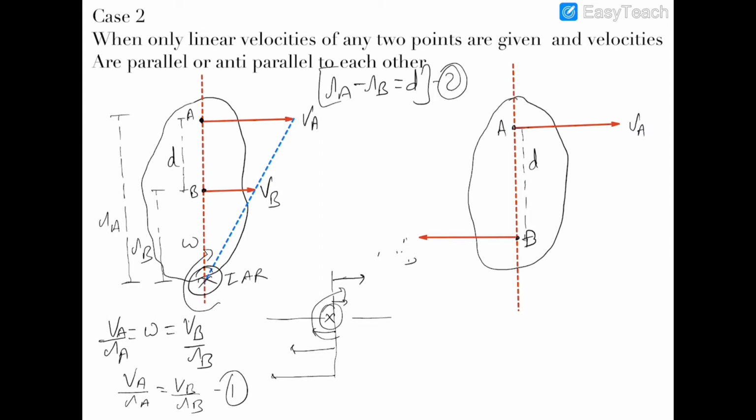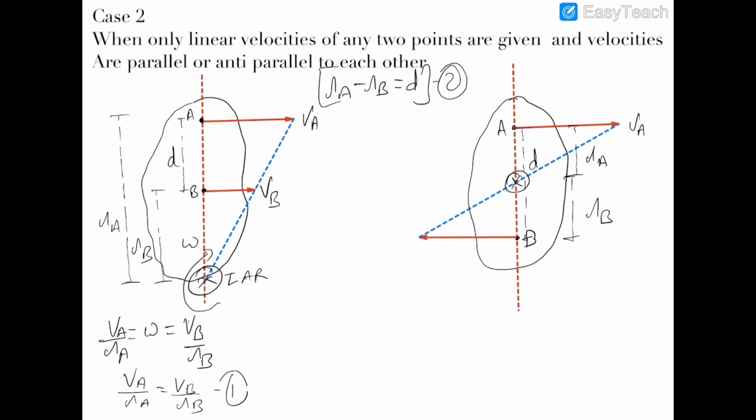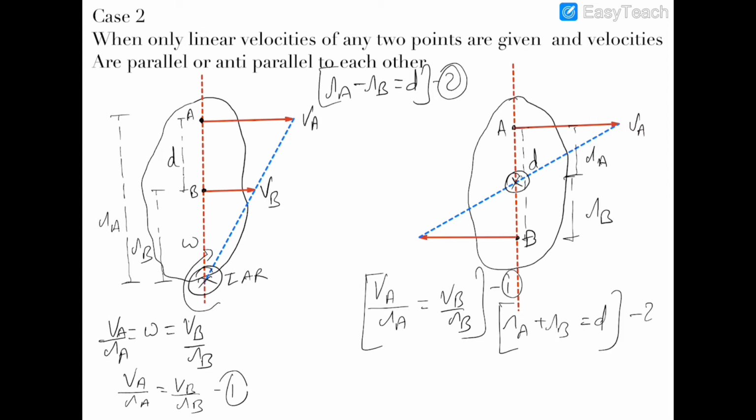Now in the second case, the velocities of A and B are in opposite direction. Therefore, as per our discussion, the IAR would be lying somewhere in between these 2 points. If this is IAR and this distance is RA and this distance is RB, we can write VA by RA is equal to VB by RB, and RA plus RB is equal to D. So this is equation 1 and this is equation 2.